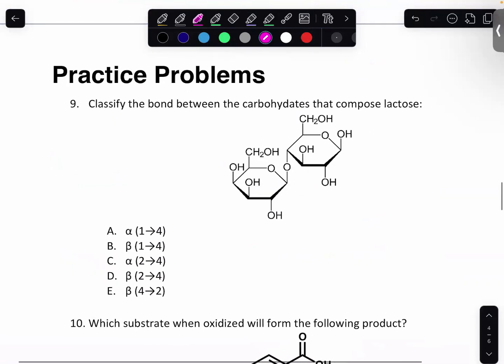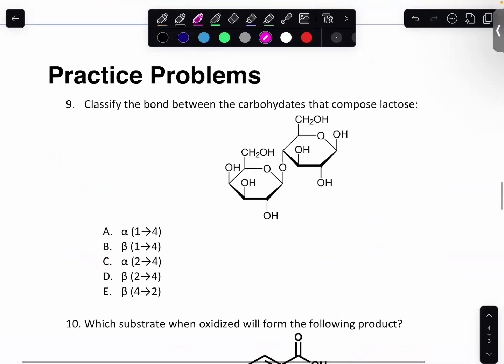So, classify the bond between the carbohydrates that compose lactose. What are the 2 necessary parts of this title? We're going to break it down the center. What are the 2 parts we have here?